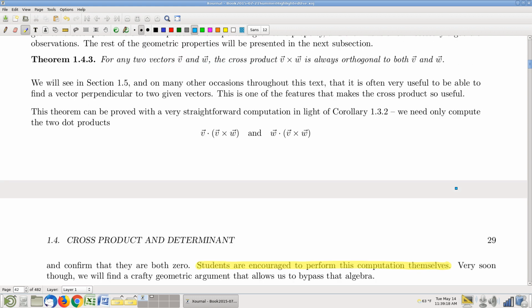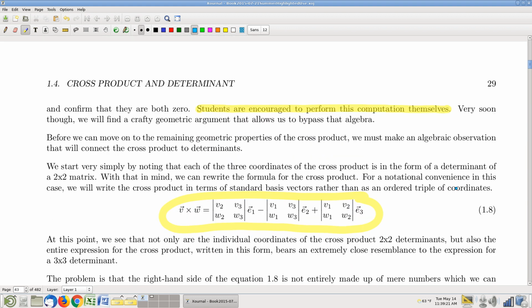So we're going to start off by making this observation, that the cross product can be written as this linear combination. Now, let's look at these vectors in here. The vectors are E1, E2, and E3. So that means that when I say that the cross product is this linear combination, what I'm really saying is that the coordinates of the cross product are that and that and that.